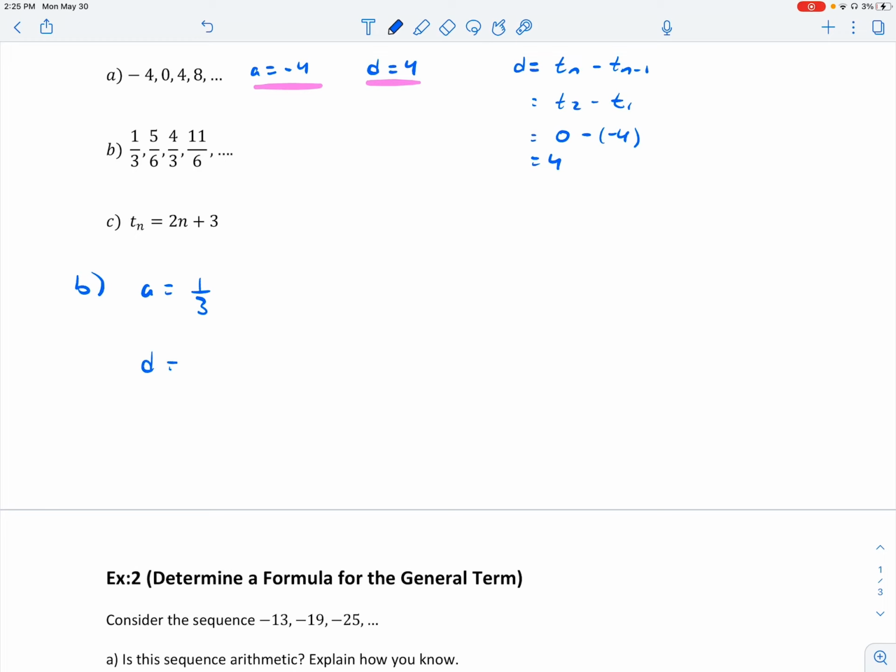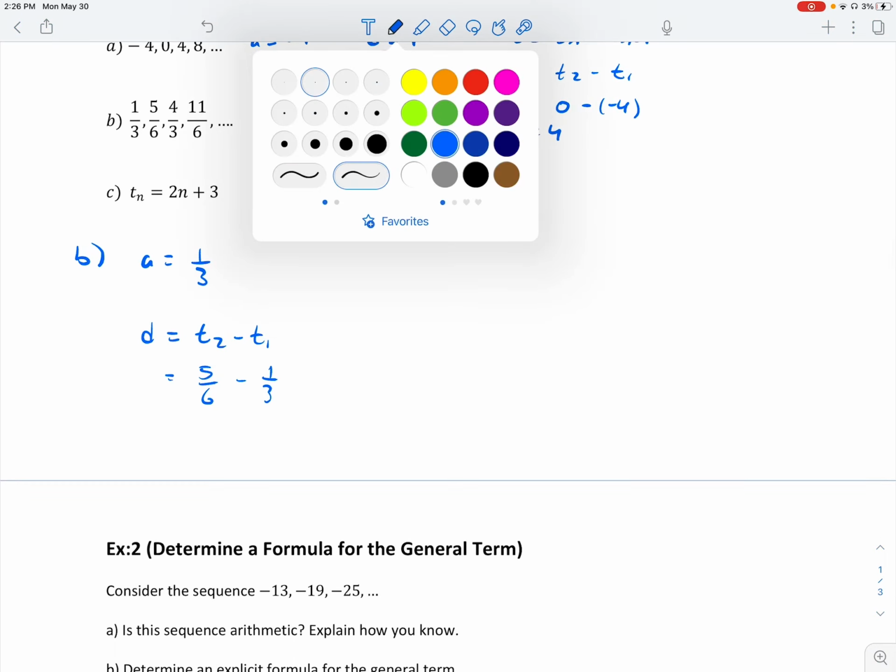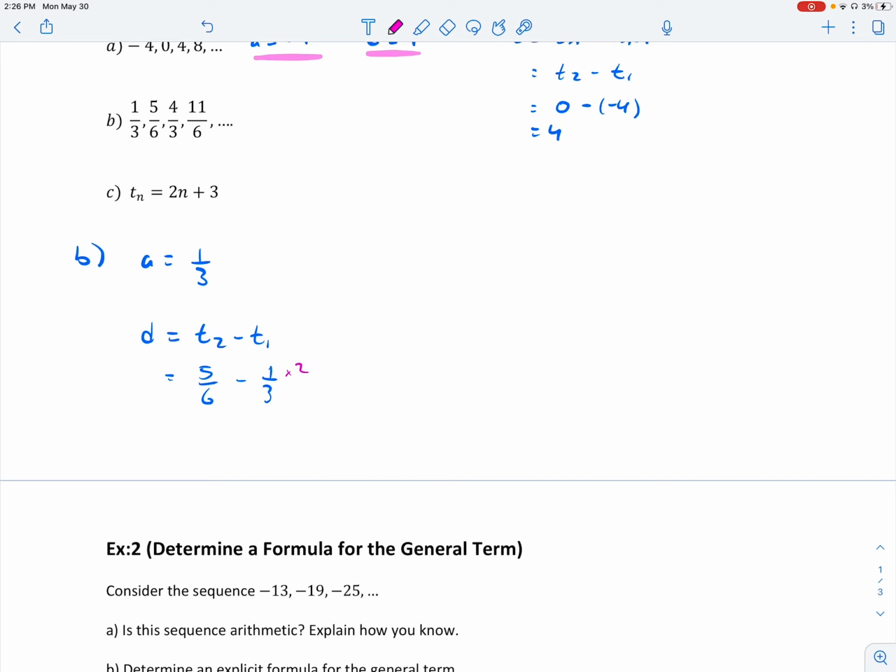We can use our little formula to do that. We could do the second term minus the first term. We could also have done third term minus second, or fourth minus third. Those all work. So t2 is 5 over 6 and t1 is 1 over 3. We need a common denominator, so we're going to multiply by 2, top and bottom.